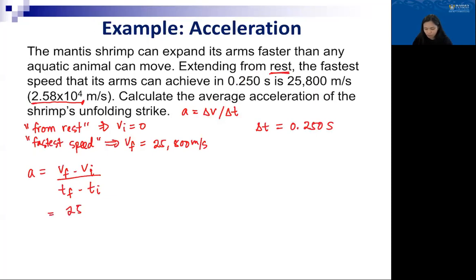So 25,800, your initial velocity is 0, so I'll just put it there for completeness, over 0.250. So that's 100. So I can see there 103.